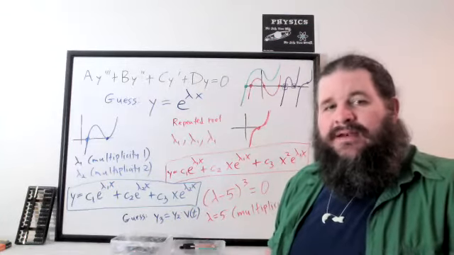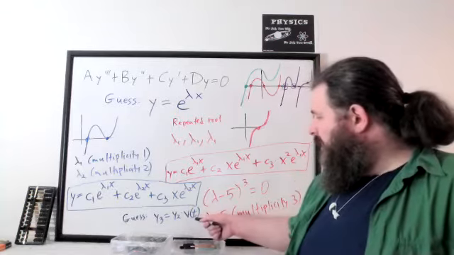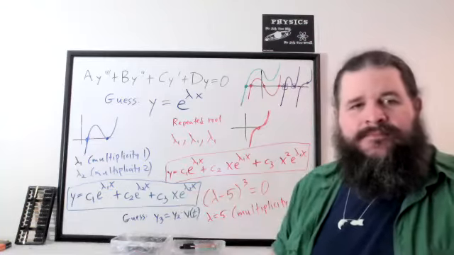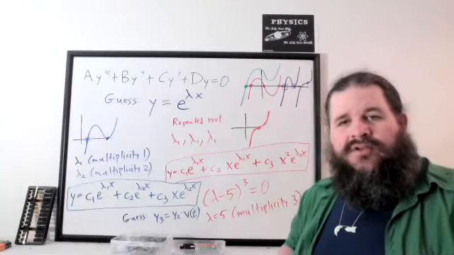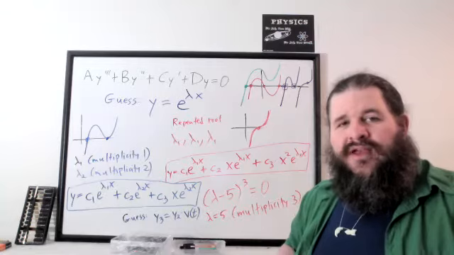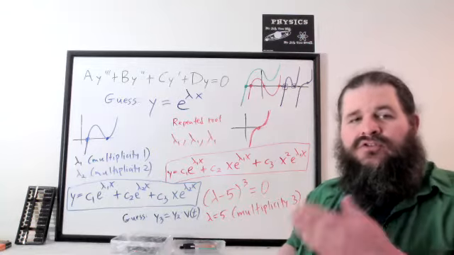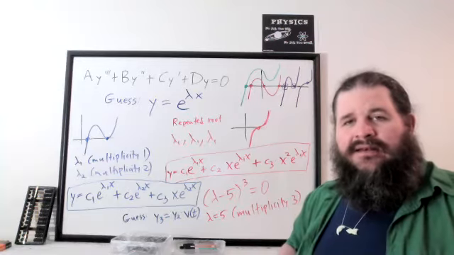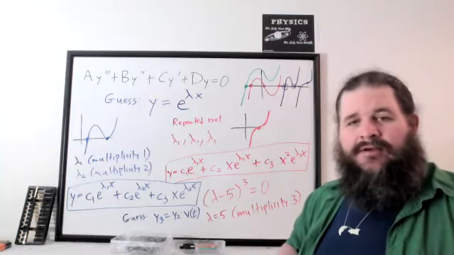If you do that in a repeated root situation, you find that v of t is just t. Or in this case, v of x would just be x. So you can do this in the reduction of order approach. Assume that the second solution, which you don't know yet, is the solution you already know times some unknown function, and then plug that back in to the original differential equation and find that unknown function.